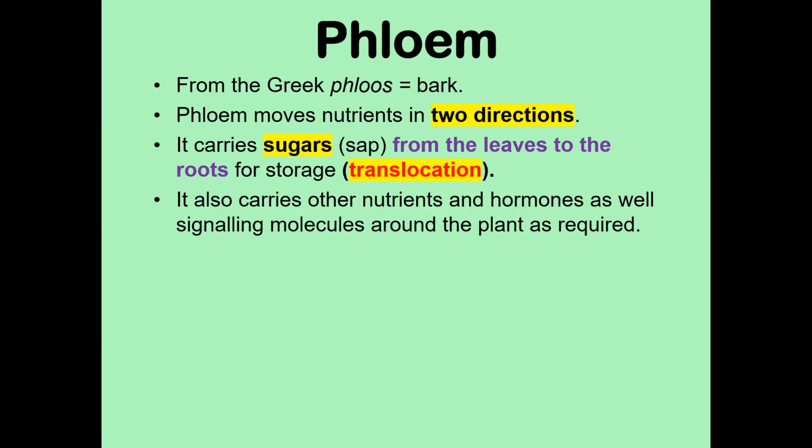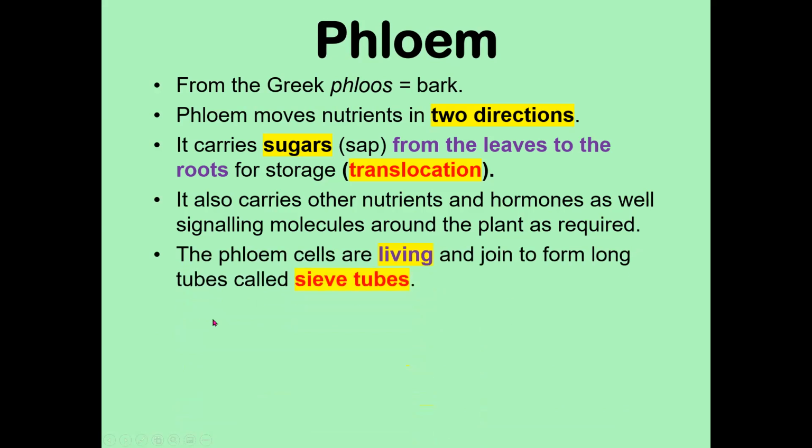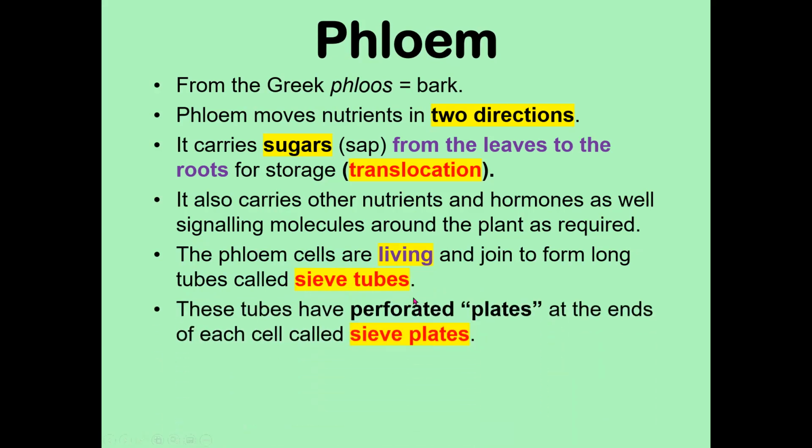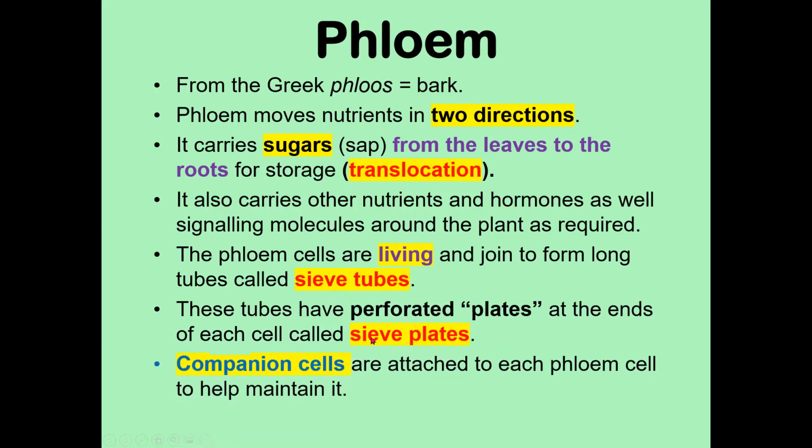Chemical signals move up and down depending on what's required and how quickly it's required. And I mentioned that the phloem cells are living, and they produce these sieve tubes, and they are perforated, so things move through these sieve plates.